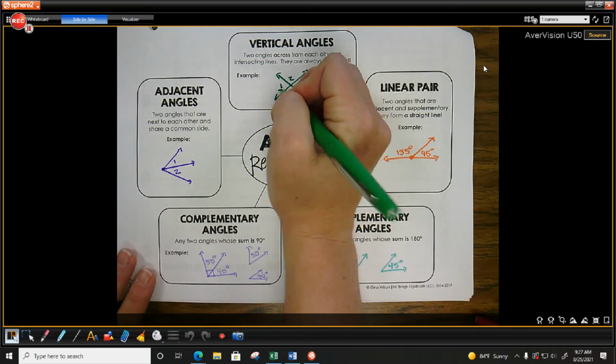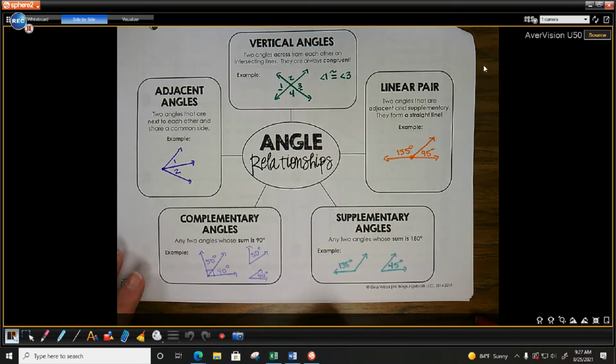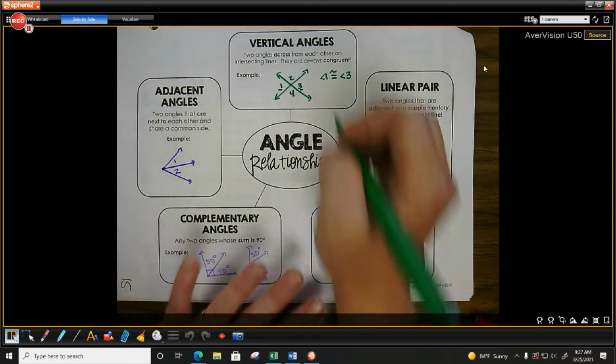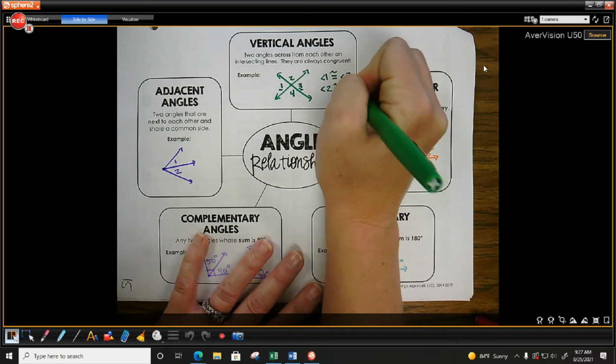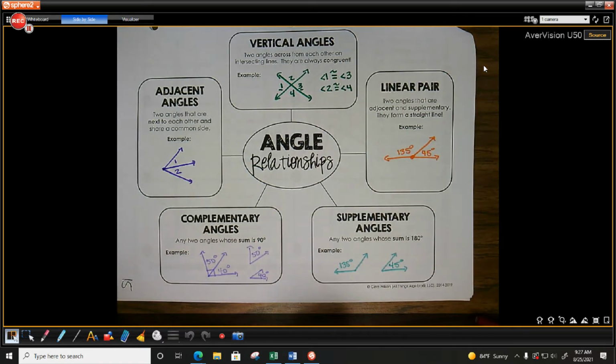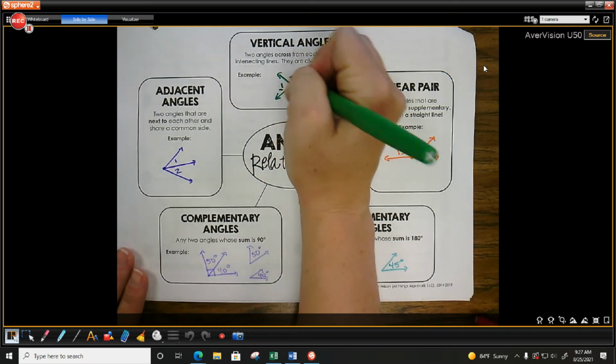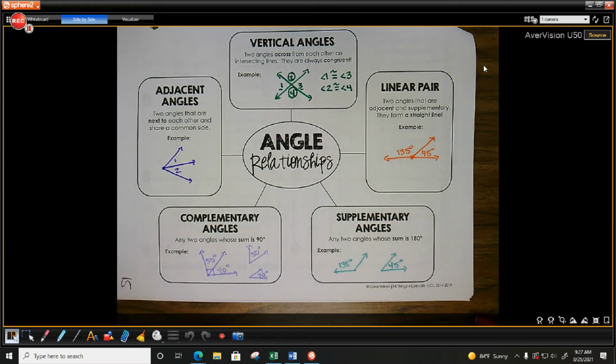So angle 1 and angle 3 are congruent because they are vertical angles. Angle 2 is congruent to angle 4 because they are vertical angles. Two intersecting lines, the angles opposite each other are called vertical angles, and all vertical angles are congruent. Good?